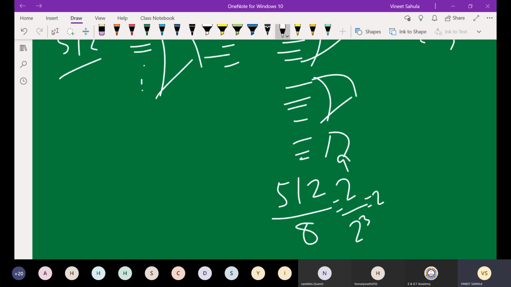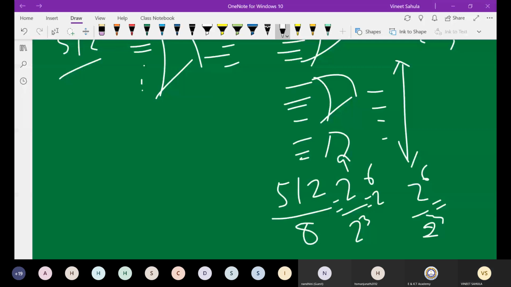So this will be 2 to the power 6 gates, first level. The second level gates will be 2 to the power 6 outputs divided by, again, 8 inputs, 2 to the power 3. So how much is that? 2 to the power 3, right? Okay. So we are here now.